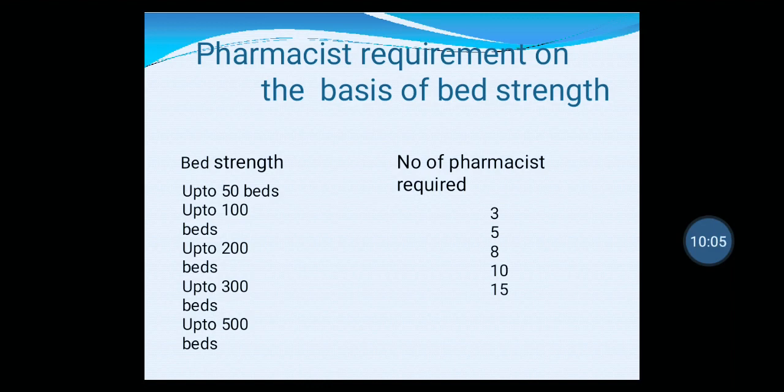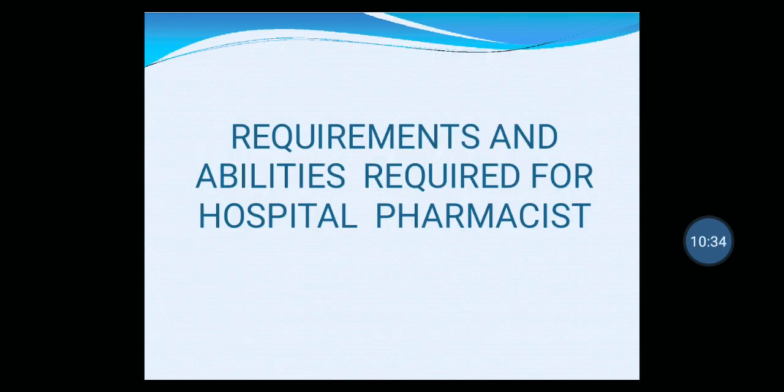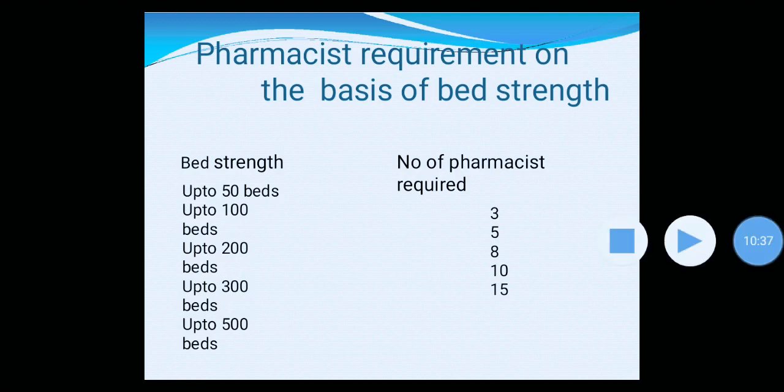Bed strength and number of pharmacists required: up to 50 to 100 beds, 3 pharmacists should be required; up to 100 to 200 beds, 5 pharmacists; up to 200 to 300 beds, 8 pharmacists; and up to 300 to 500 beds, 15 pharmacists should be required.